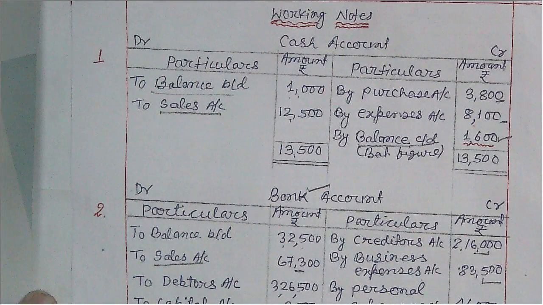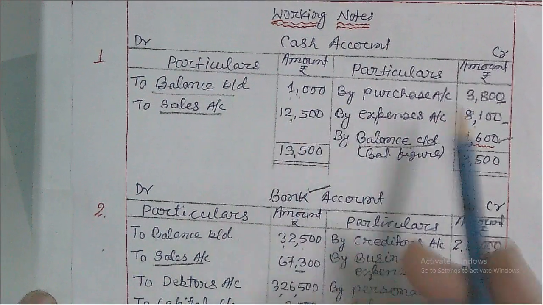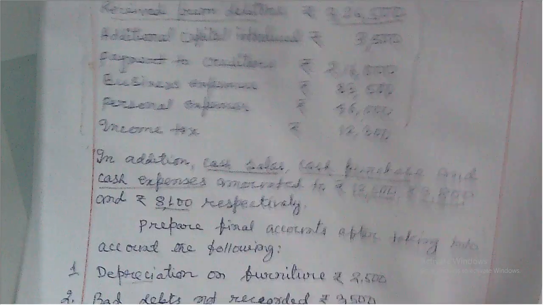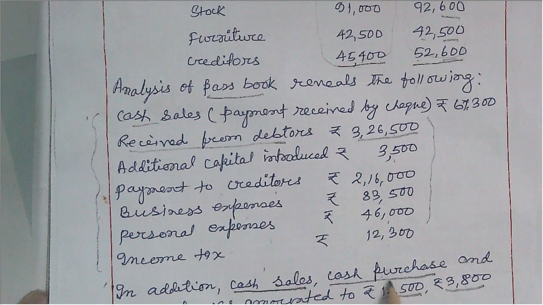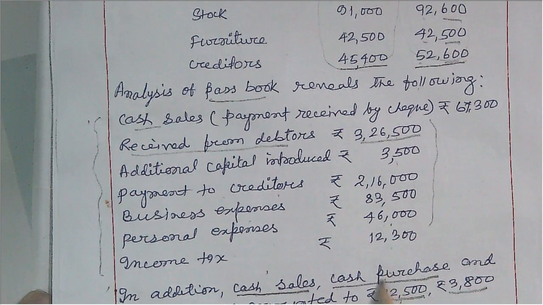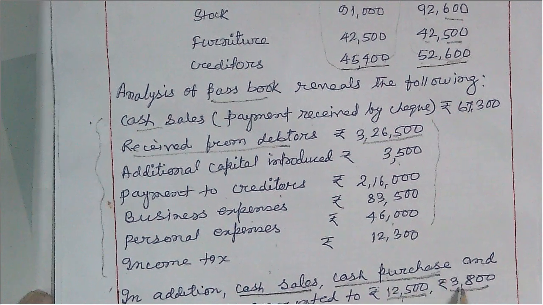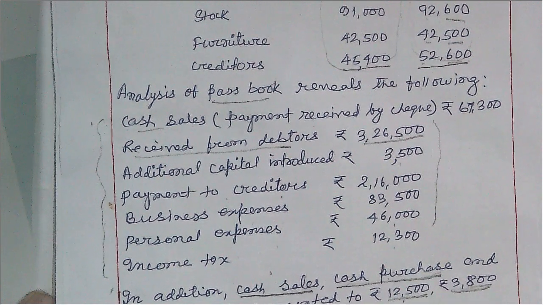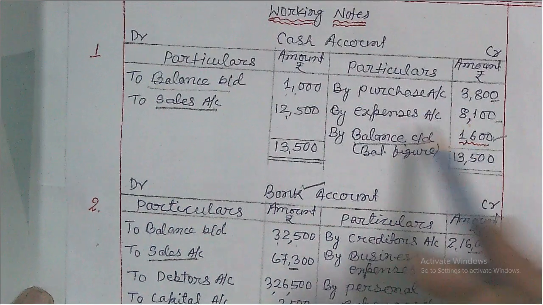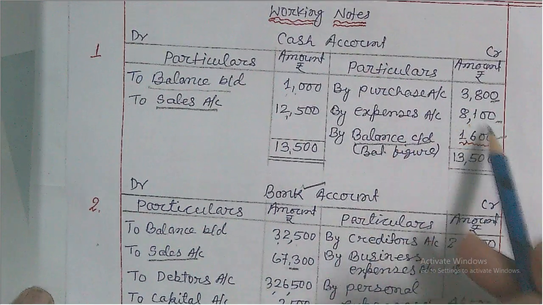So this cash sales amount is 12,500, and purchase, this is the cash purchase, it is given in the question. So this is the cash purchase amount. Here this is cash purchase amount 3,000, and this is the cash purchase 3,800 amount. Similarly cash expenses is given, so 8,100.